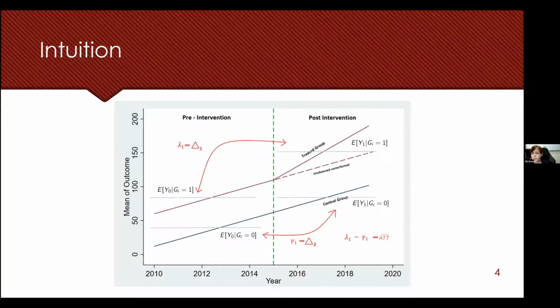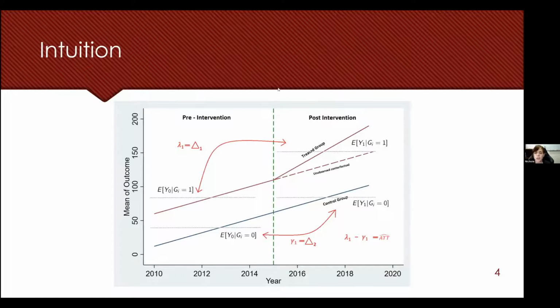So a very, very quick overview of what difference in differences is. Again, I think many of you are probably familiar with this, but just so that we're all on the same page moving forward. The intuition is actually quite straightforward, despite what this image suggests. The red line here is our treated group. So we're observing some treated group over time, starting in 2010, going all the way until 2020.